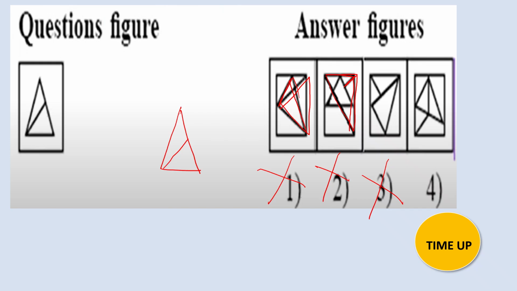So when you rotate the image, you can see here the triangle which is formed, and this is the line which is connecting the triangle. So this is the exact image which is formed. So option 4 is the correct one.